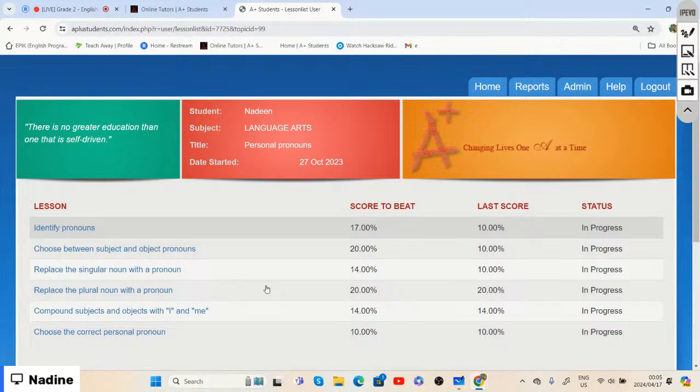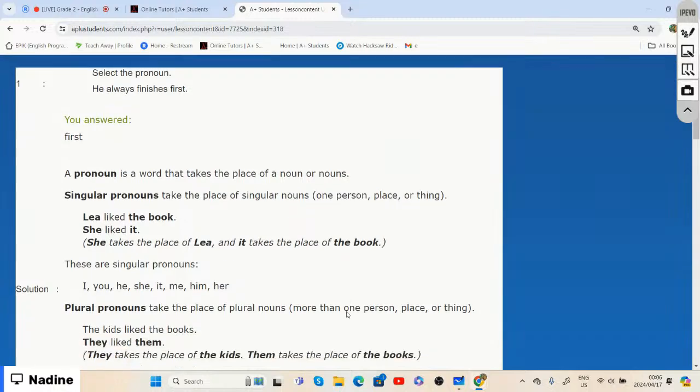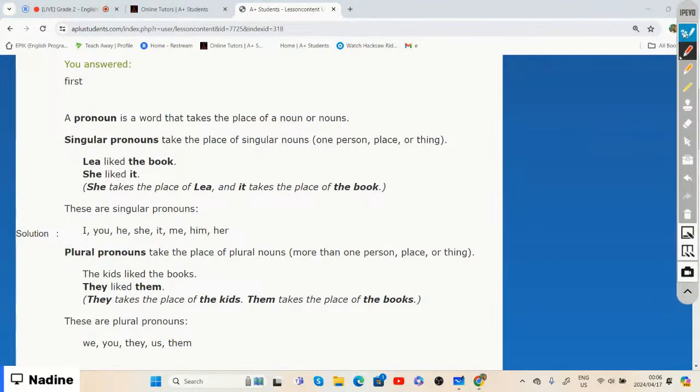Before I go to the other three lessons for today, if we were to identify pronouns, a pronoun is a word that takes the place of a noun or takes the place of nouns.